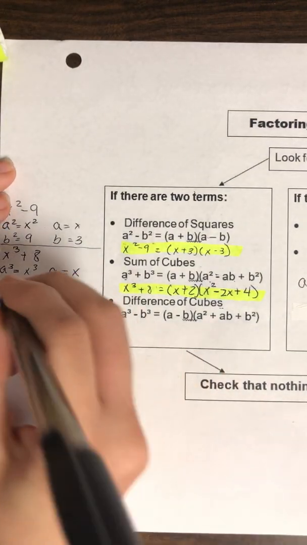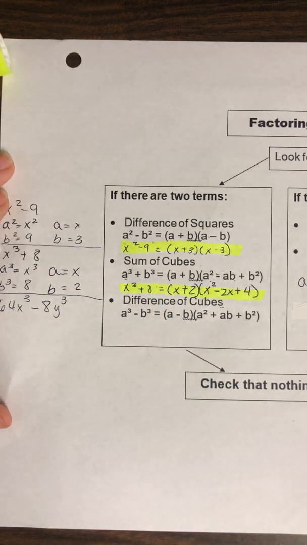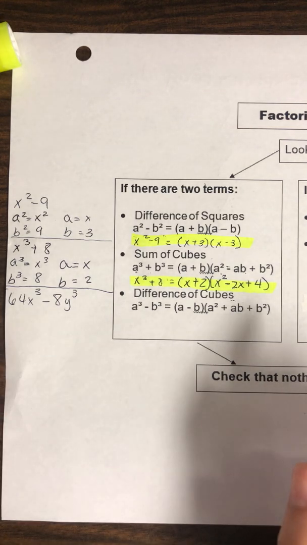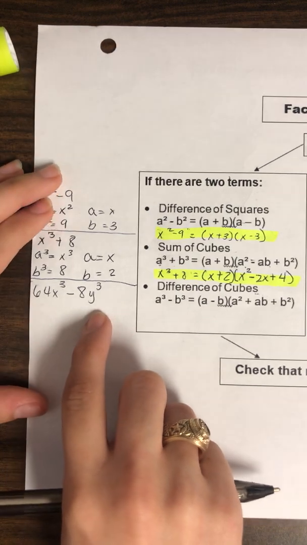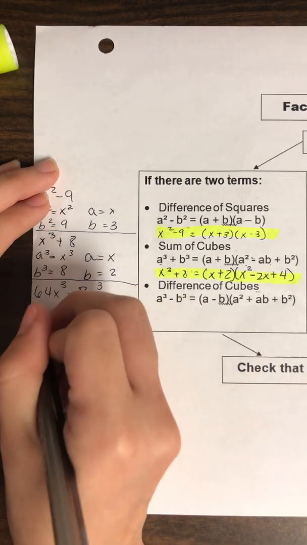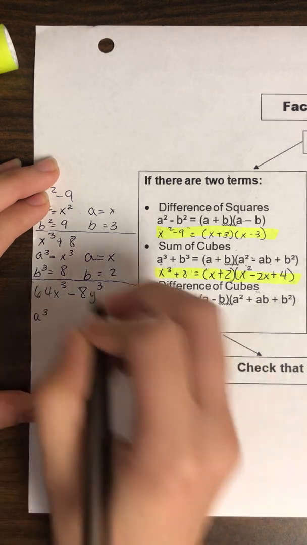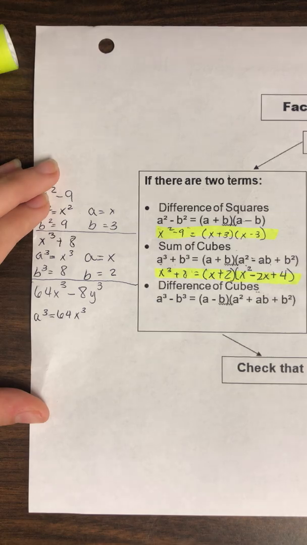And then let's look at this last one, difference of cubes. Now, since we already went over the basics of cubes and its formula, let's take a look if both of them had a variable. So our a cubed, which is our first value again, is 64x cubed.